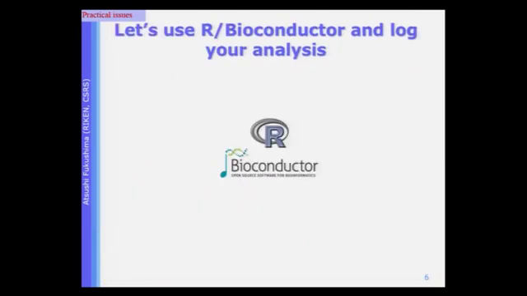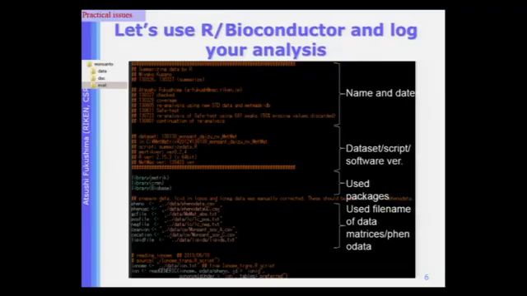Here, I would suggest that you should use R and Bioconductor. Typically, we describe in the R script as a log: user name and date, dataset used, software version, used package name, used file name of data matrices, and the phenodata.